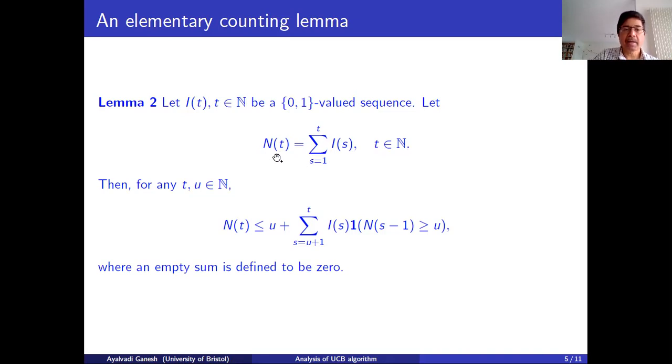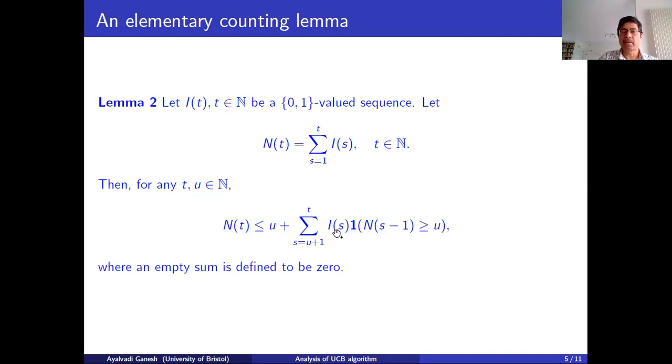Okay. And the claim is the following, that if you give me some natural numbers t and u, maybe t is 20 and u is 3, then the following is true. The number of ones in the sequence in the first 20 indices or time steps is bounded above by u plus, I'll only count from time u plus 1 up to t.